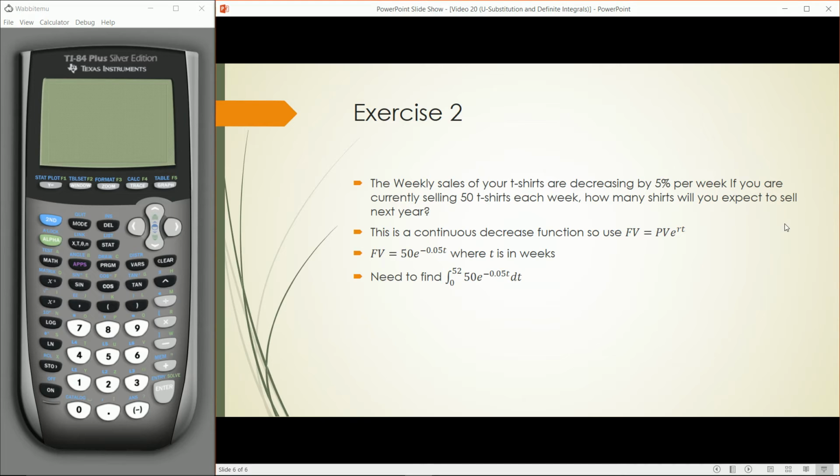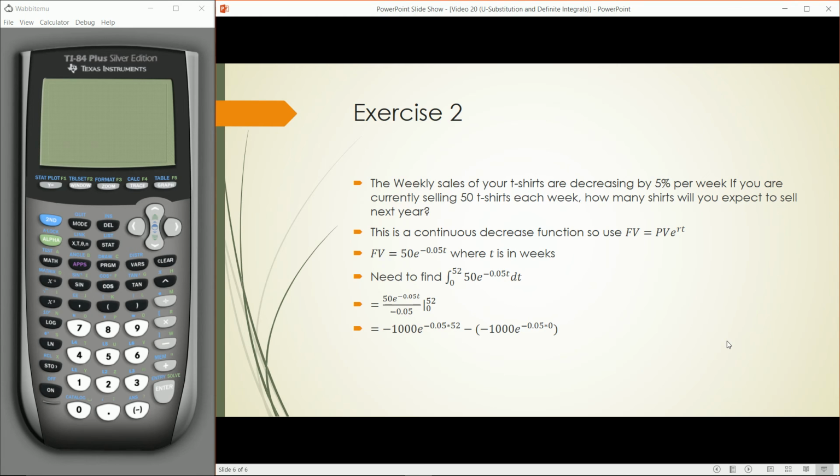Well, the basic antiderivative of this: the exponential stays the same, the coefficient in front stays the same, and you just divide by whatever the derivative up here is. All right? That works as long as it's a straight linear up there. Now go ahead and evaluate this from 0 to 52. And you should get something like this.